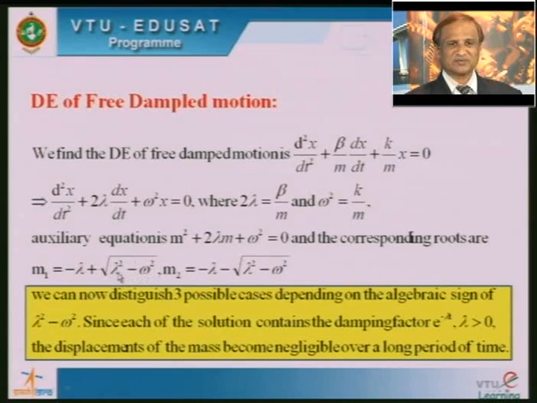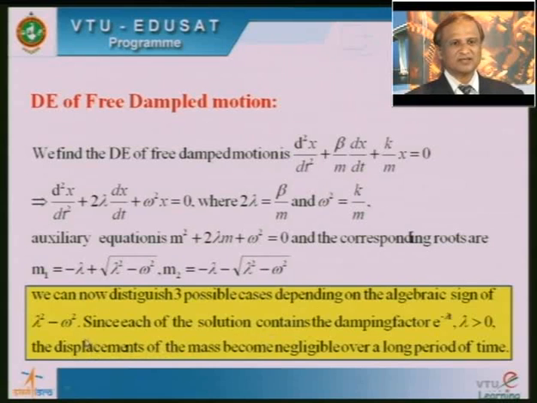It may be equal to 0, or it may not be equal to 0, meaning it may be greater than 0 or less than 0. We want to identify what happens if it is equal to 0, greater than 0, or less than 0. That is why I have mentioned 3 possible cases.